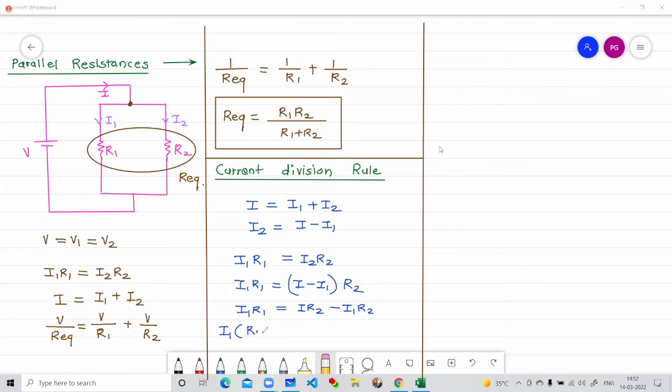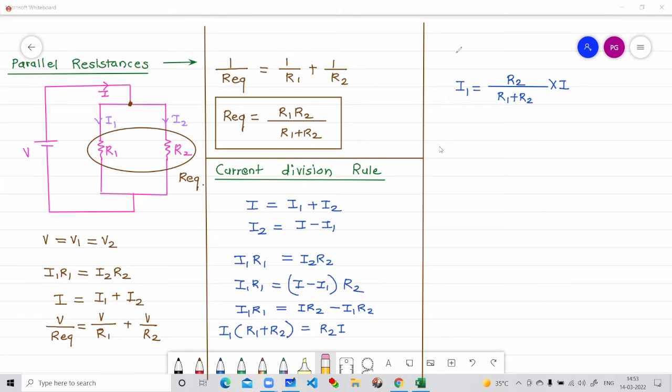I1 into R1 plus R2 is equal to R2 into I. So how I can write the current in a particular branch without calculating any of the voltages is: I1 is equal to the resistance in the other branch which is parallel to it, R2, divided by the addition of the parallel resistances R1 plus R2 and multiplied by the total current entry.